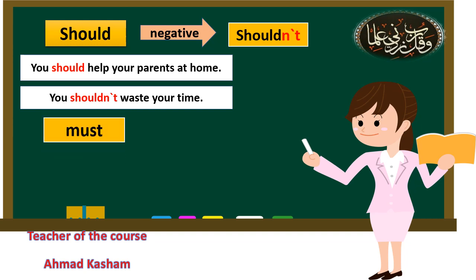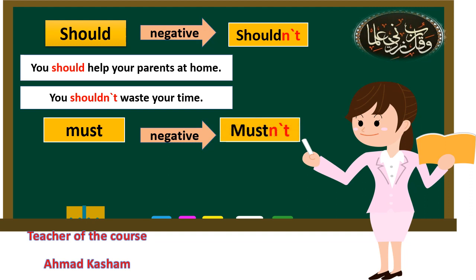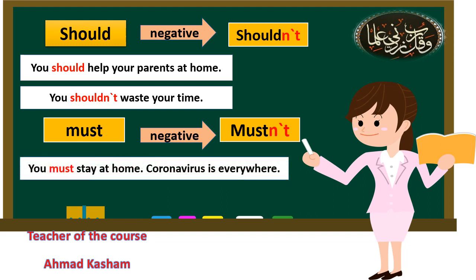What about must? How can I make it negative? I can make it negative like this. Mustn't. And be careful here. We don't pronounce the T. Mustn't. Now, let's take an example.